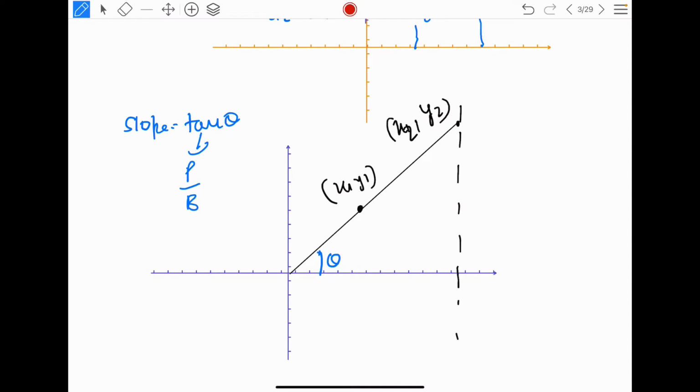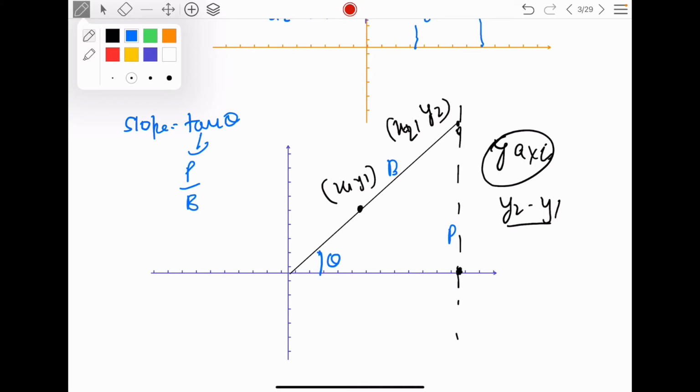What is the perpendicular going to be? The perpendicular will be a subtraction of the y coordinates, since it is along the y-axis. This is going to be y2 minus y1, the perpendicular P. Base is where the angle is made.